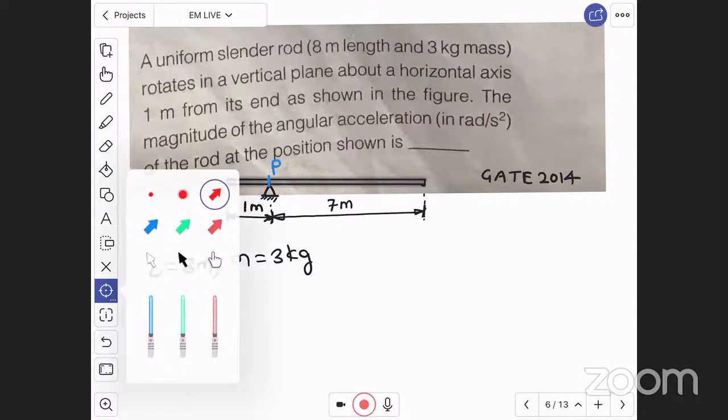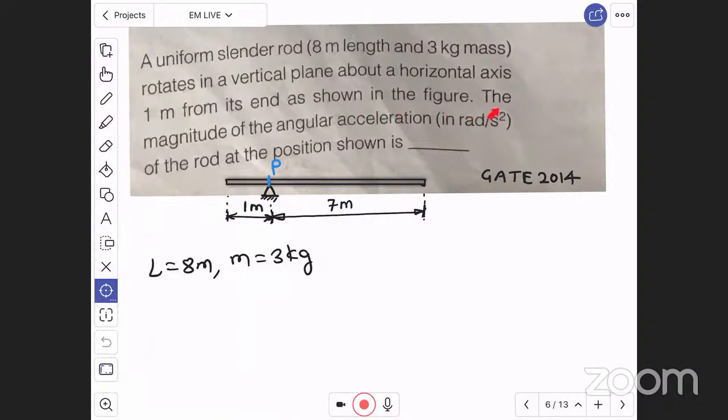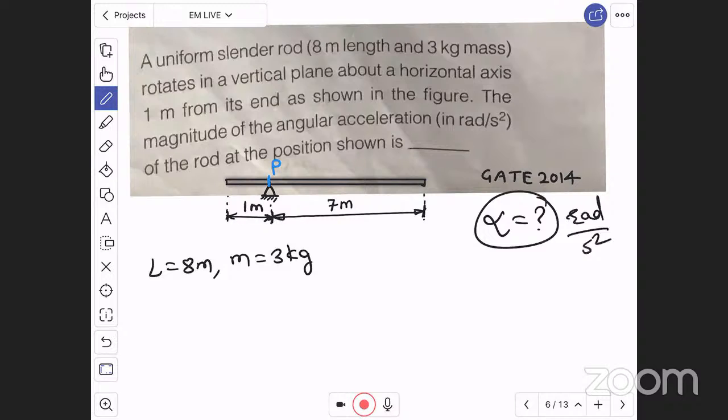Then as shown in figure, the magnitude of angular acceleration in rad per second square of the rod at the position shown is. Now the question is, what is angular acceleration alpha? That is rad per second square. Angular acceleration in rad per second square.